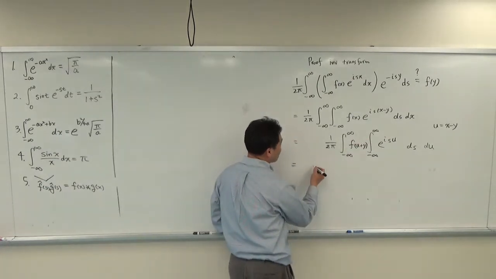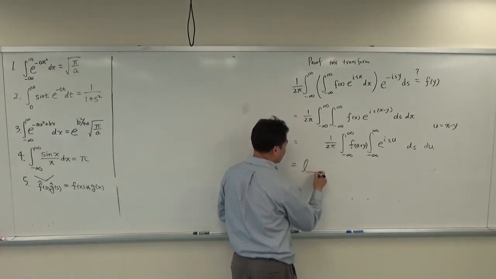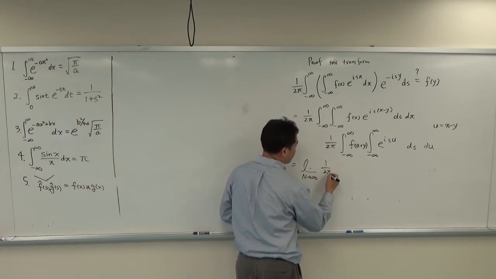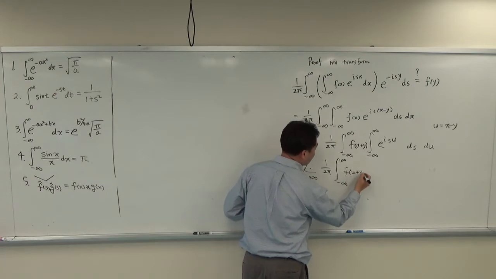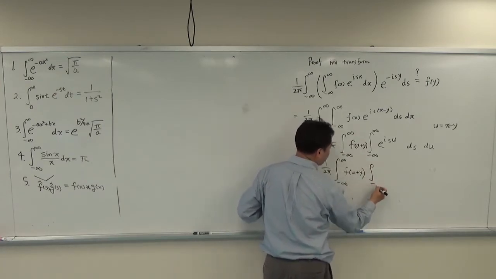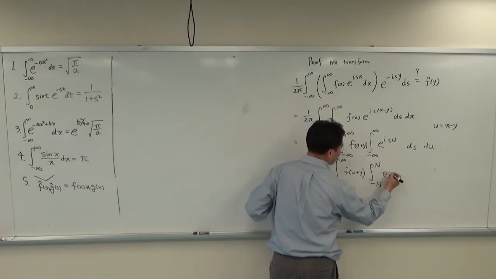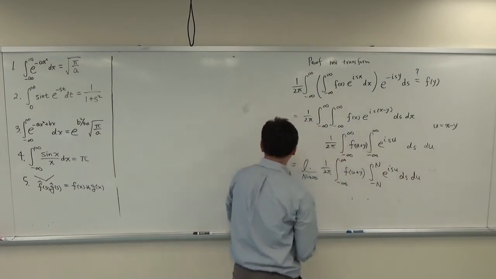And then you're going to write this as the limit as n goes to infinity of 1 over 2 pi, integral from negative infinity to infinity of f of u plus y, integral from negative n to n of e to the isu ds du. And now that's a lot easier to integrate, right?